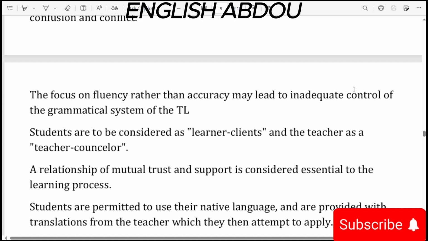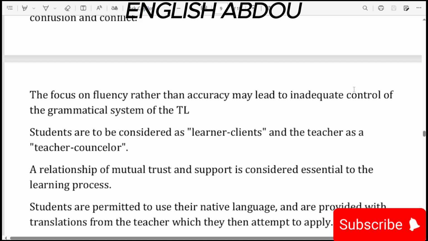Okay, fluency, of course, we focus just on how we can use the language functionally or communicatively, while accuracy is focused more on the grammar, on the rules, on vocabulary, and so on and so forth, without taking into consideration the communicative skills, as Noam Chomsky explained.